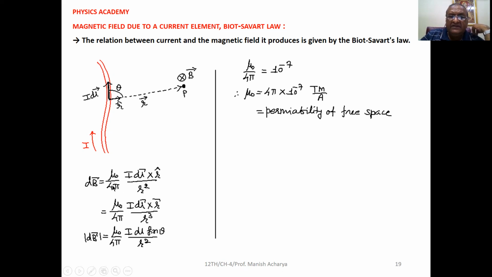Now, this one is the magnetic field due to an infinitesimally small current element.